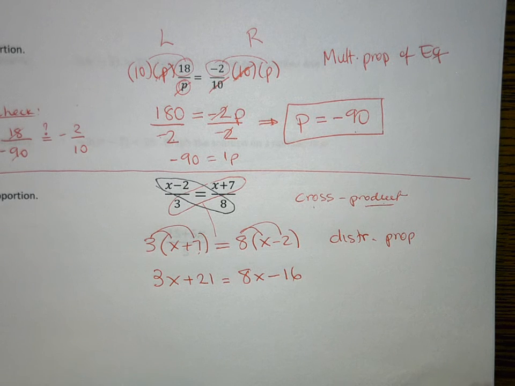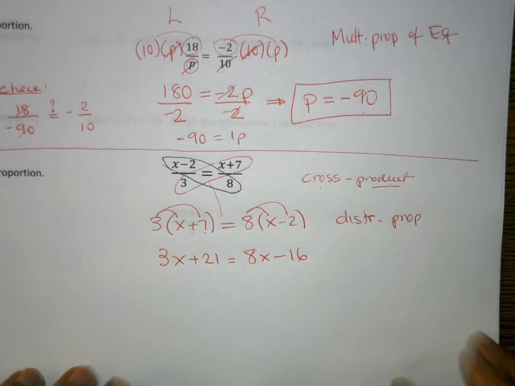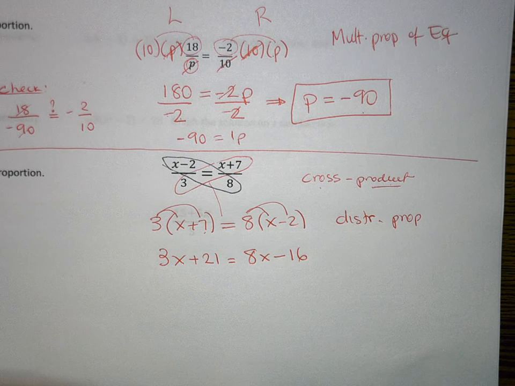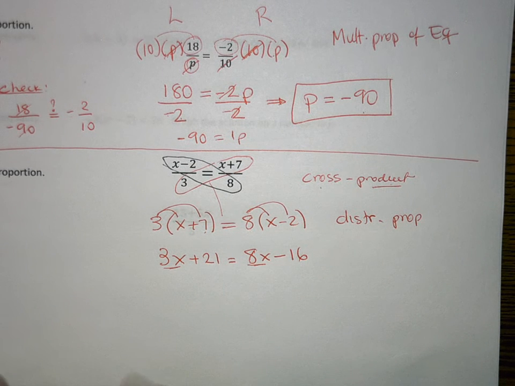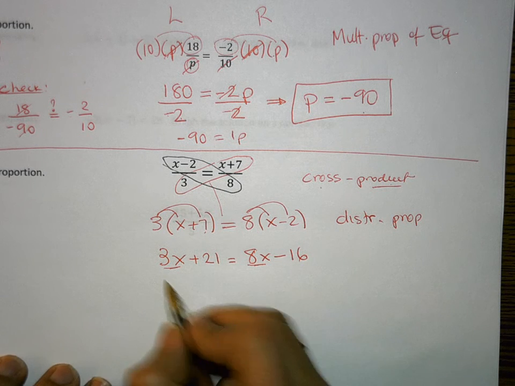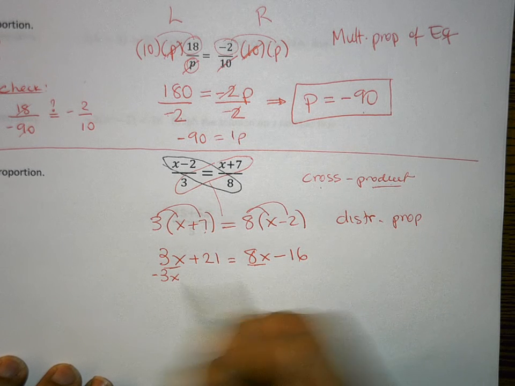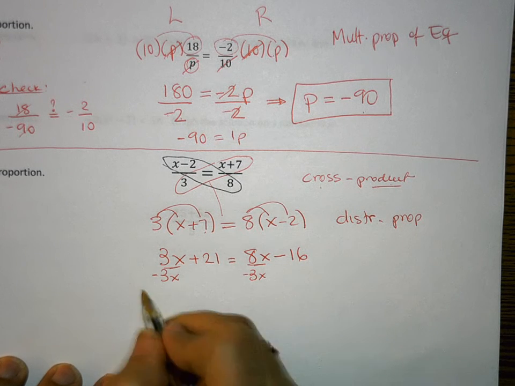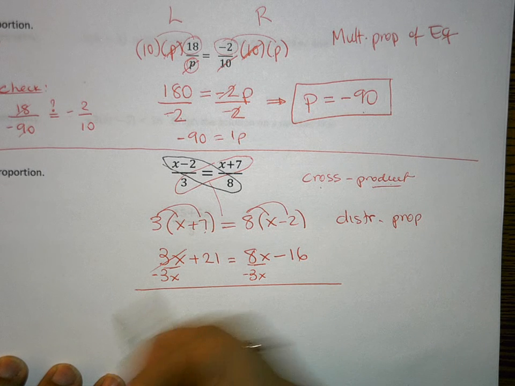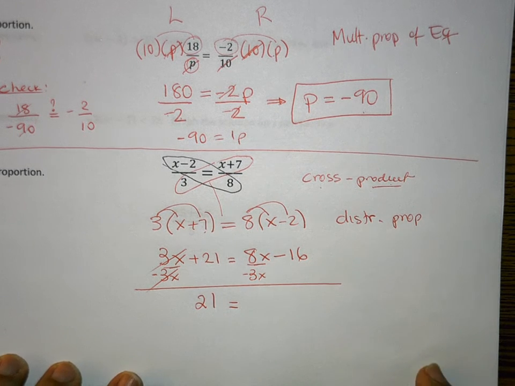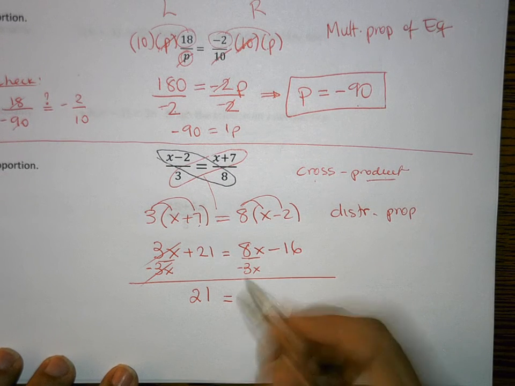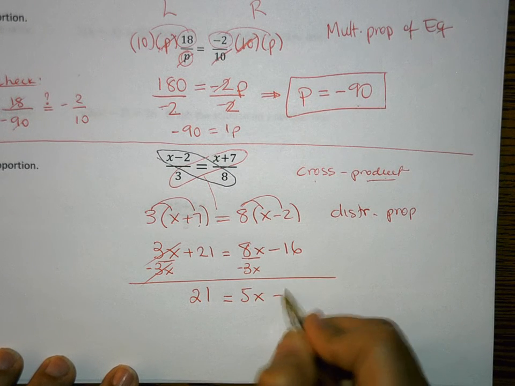So now I just need to move things around. Remember, we always want to put variables on one side, and then we want to put the non-variables on the other side. So I'm going to go ahead and subtract 3x from both sides. So 3x minus 3x is 0. We get 21 by itself. 8 minus 3 is 5x minus 16.